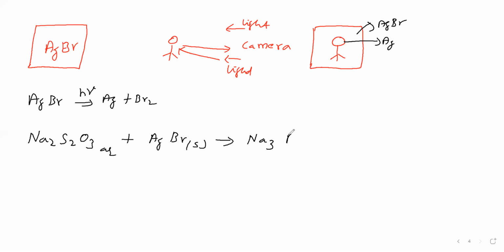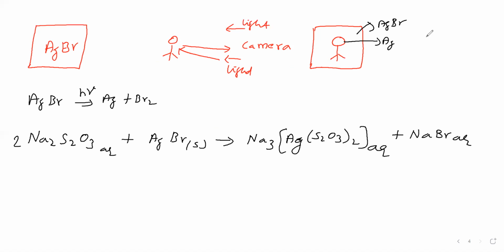The complex is Na3Ag(S2O3)2. This complex is soluble in water. It goes to solution, and NaBr also goes to solution. So the silver bromide is washed away.